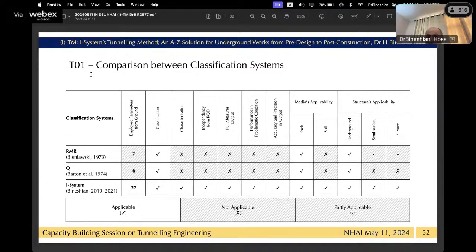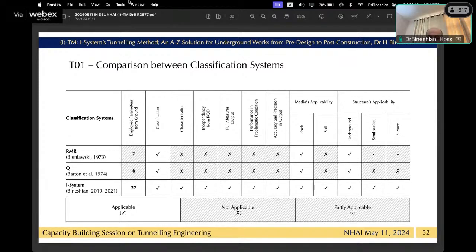And this is one of the key successes of I system in prediction of ground behavior. Full measure output: RMR and Q never propose full measure output, but I system provides you full measure output with method of excavation as well as construction.